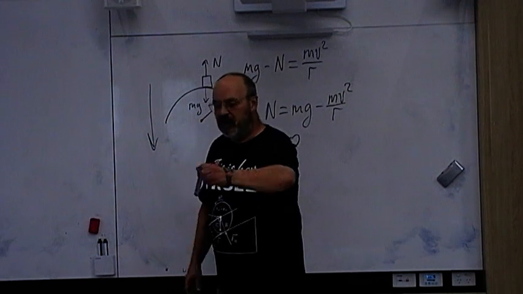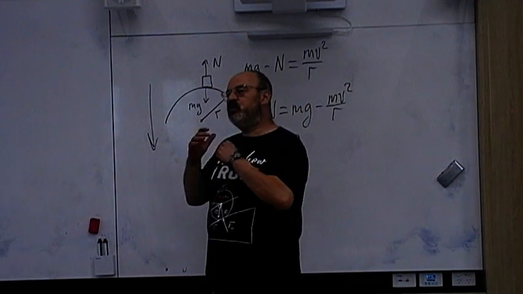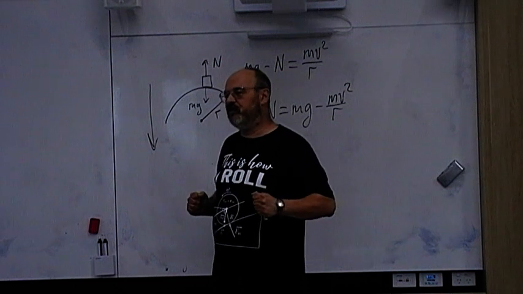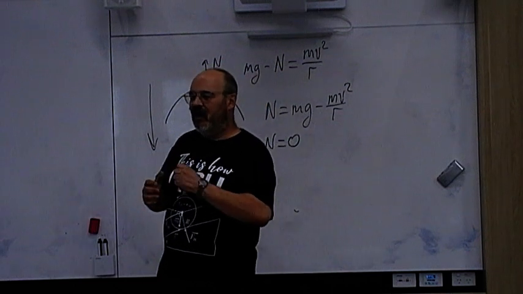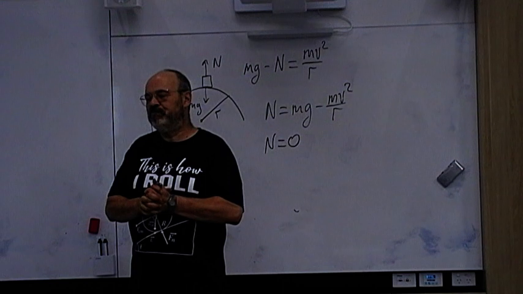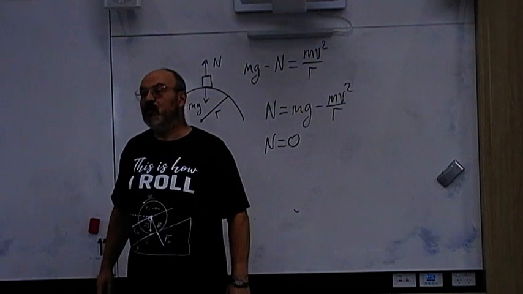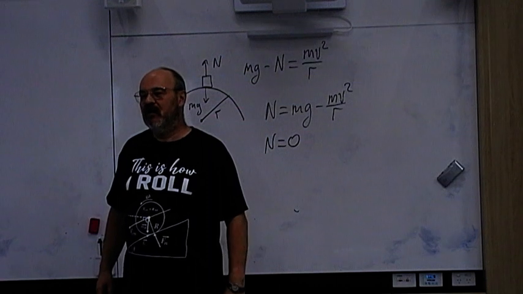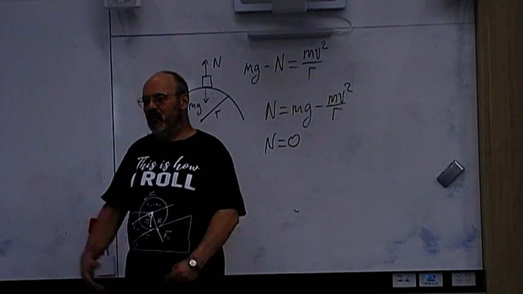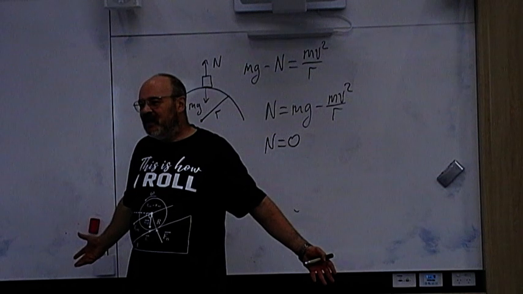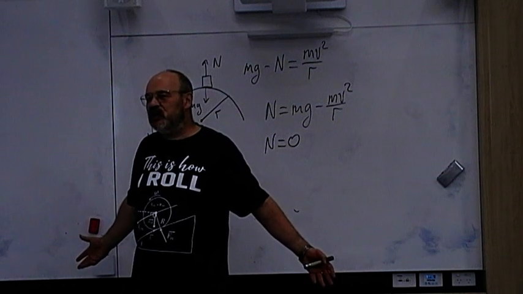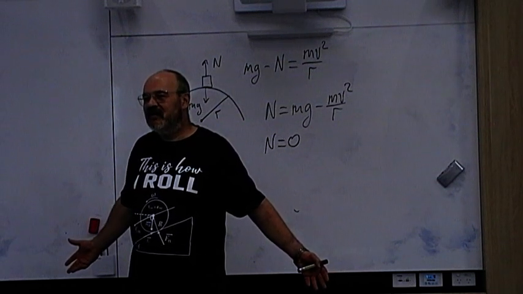Now, when you're sitting on the chair, what do you feel? Which force do you feel? The normal force. So if normal disappears, it means you don't have a contact with the chair. Would I sink? Would I fly?